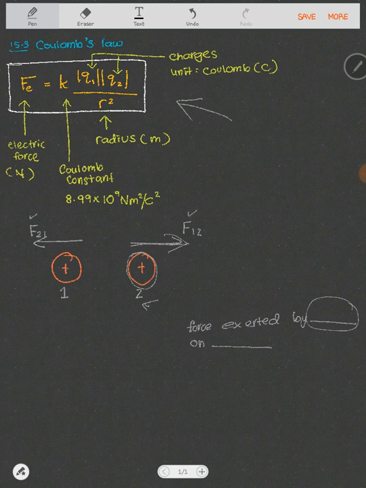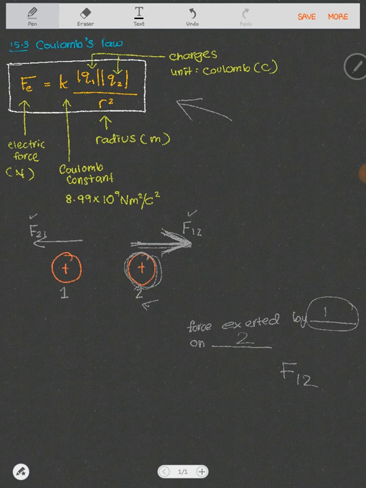Disebabkan charge 1 ni mempunyai like charges with charge number 2 ni, dia akan menyebabkan charge number 2 ni akan repel, berlakunya repulsion, dan dia ada force dia yang menyebabkan berlaku repulsion tersebut. So we call this force is force that is exerted, yang disebabkan oleh charge number 1 ni kepada charge number 2 on 2. Okay, so F12 on ni letak belakang.